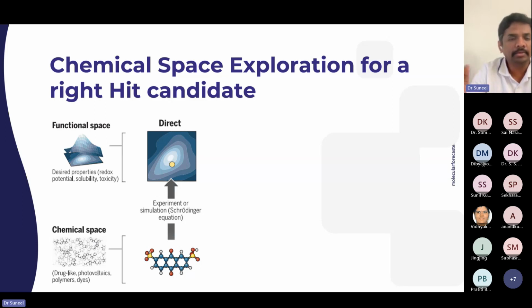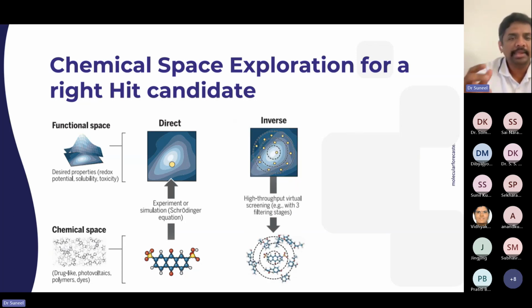In order to do that, there are pros and cons of each approach. When I look at the virtual screening approach, which we call the inverse approach, we take billions of compounds and screen them against the target of our interest, simply docking, and apply multiple filters.